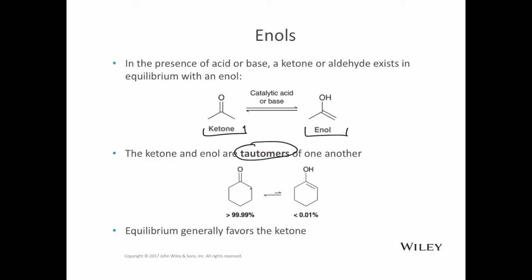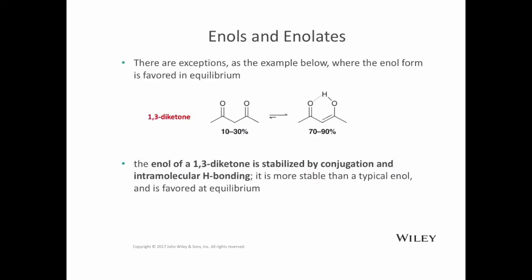So here, this carbon has two hydrogens, but one of those hydrogens in the enol form is now attached to the oxygen. And that pi bond has moved to be between these two carbons. Now this equilibrium generally favors the ketone form. There are exceptions such as 1,3-dicarbonyl compounds, which favor the enol form at equilibrium, and that is due to conjugation and intramolecular hydrogen bonding.